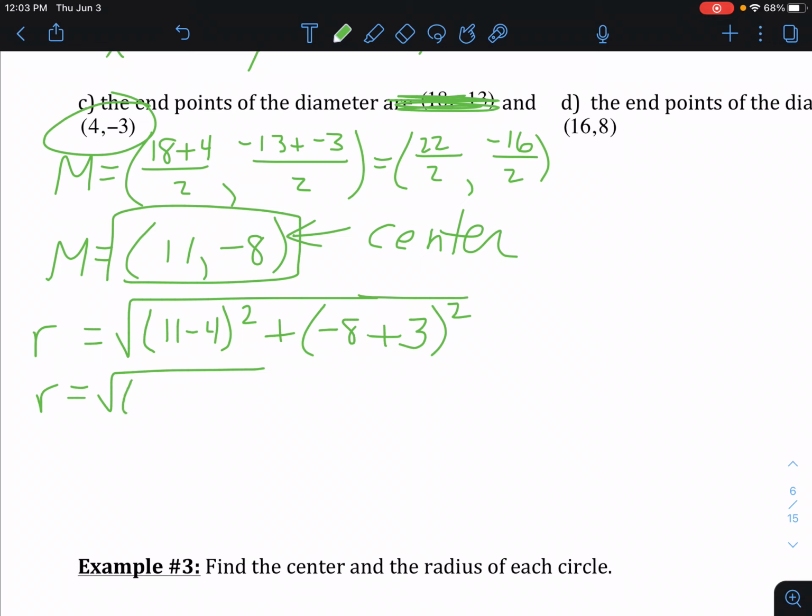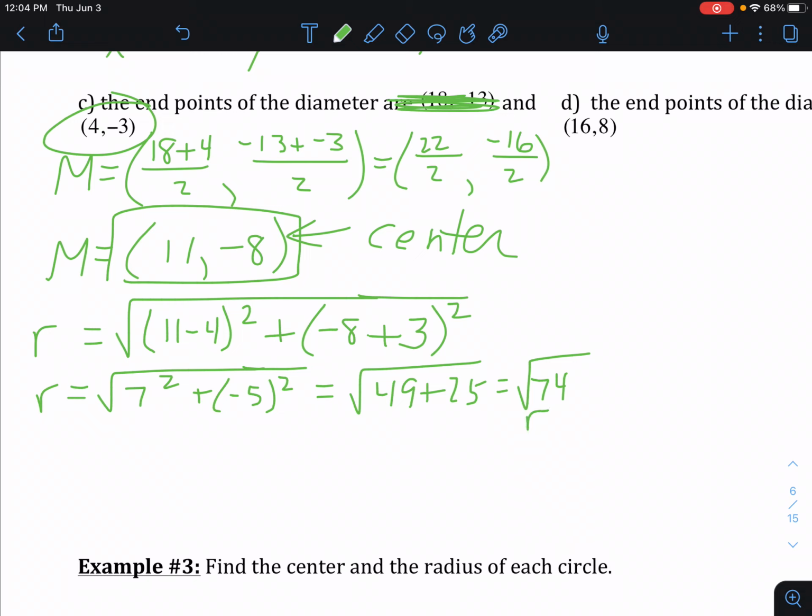So that'll be 7 squared plus negative 8 plus 3 is negative 5 squared. And then it's going to be the square root of 7 squared is 49 plus the negative 5 squared is 25. And then add them up, and we'll get the square root of 74. So that's my radius. That's going to be very important.